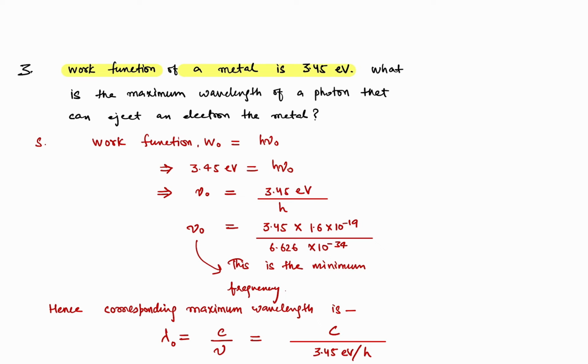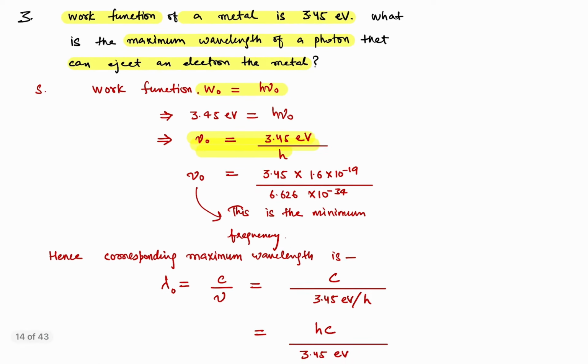What is the maximum wavelength of a photon that can eject an electron from the metal? So we put the work function, and the frequency you got is this. Sorry, it is written here as minimum frequency, but it could not be minimum. There is a typo, a writing error. It could be maximum.